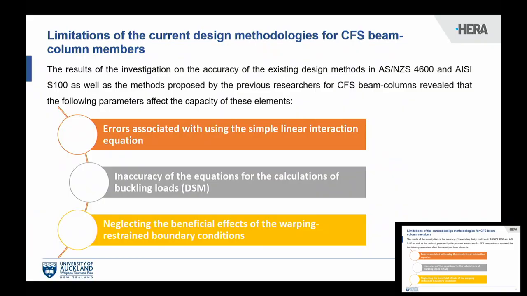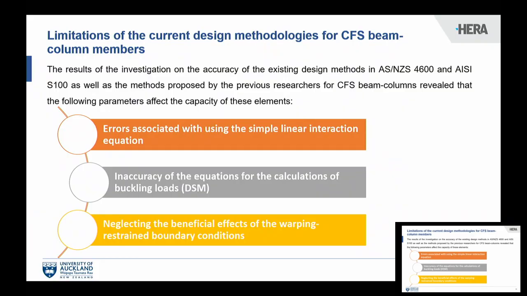The first one is errors associated with using the simplified linear interaction equation. Actually, this equation cannot capture the nonlinear behavior that we observe in our investigation. The other one is the inaccuracies of the equations for the calculation of the buckling loads, actually the direct strength method. And the last one is neglecting the effect of the warping restraint.